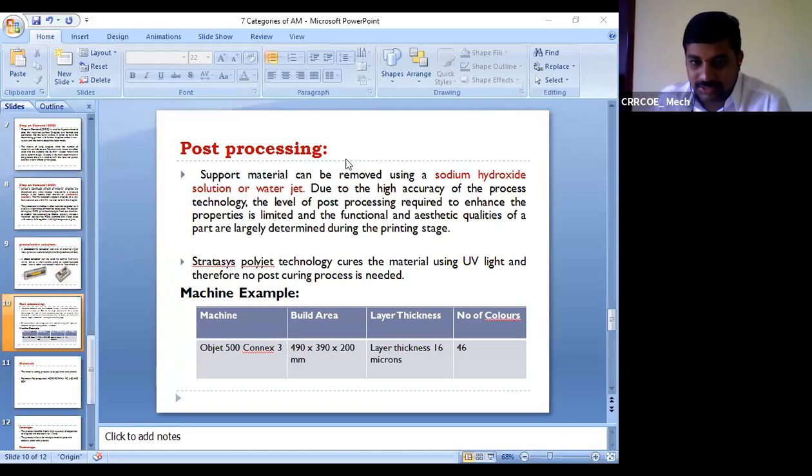The layer thickness is 16 microns. See how thin the layers we are going to obtain. And colors: in how many colors can we produce these components? In 46 colors we can produce our required components.